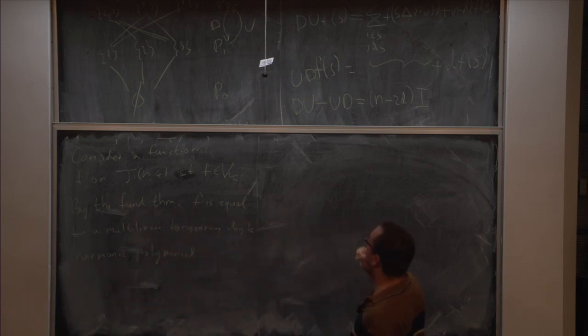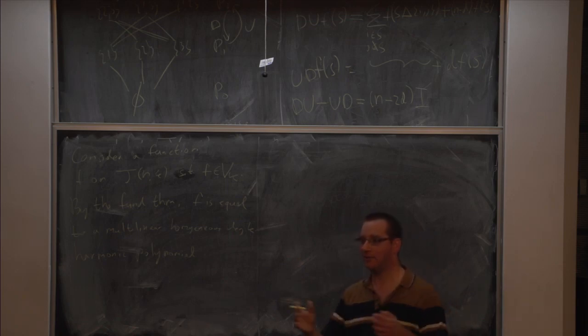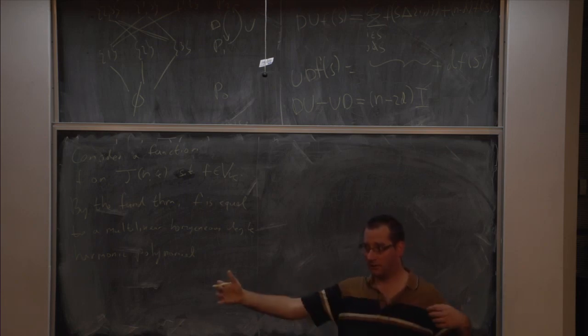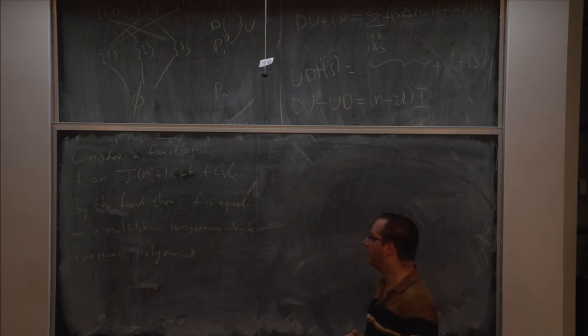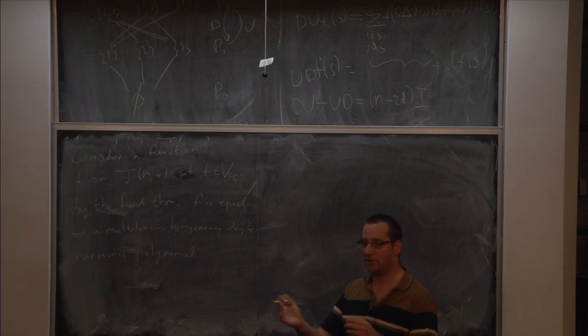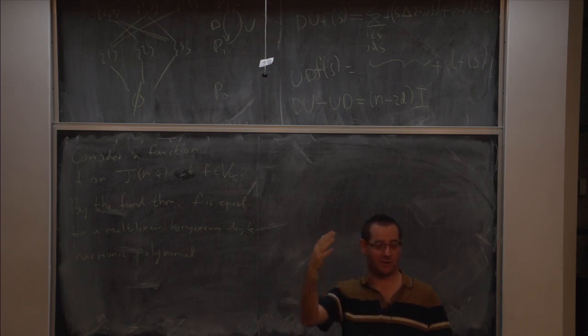No, but I said that V_d is spanned by these functions (x1 minus x2) times (x3 minus x4), d times. Anyway, the decomposition into the common eigenspaces is exactly taking the homogeneous parts of this unique representation, just like in the case of the Boolean cube.